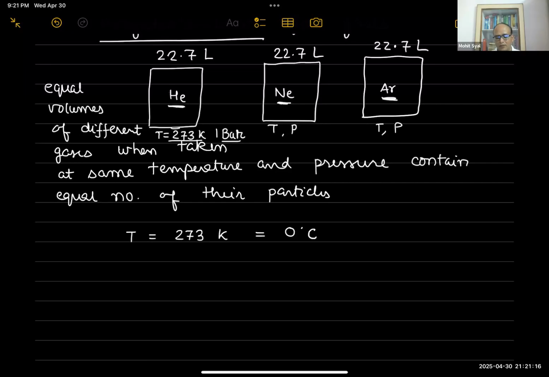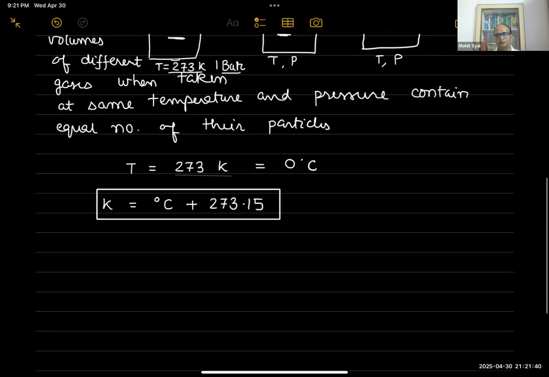Okay, so temperature in Kelvin will be equal to temperature in degrees Celsius plus 273.15. Just note it down.